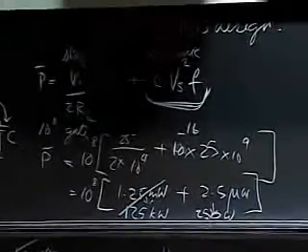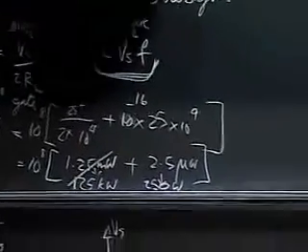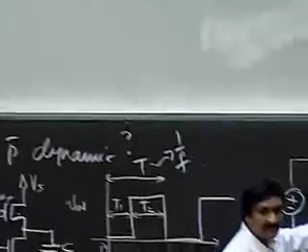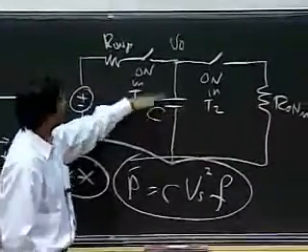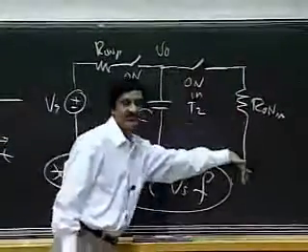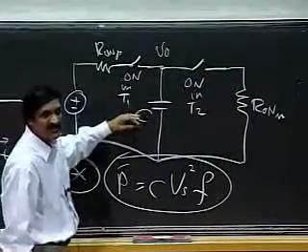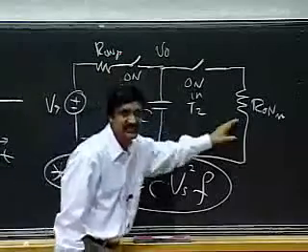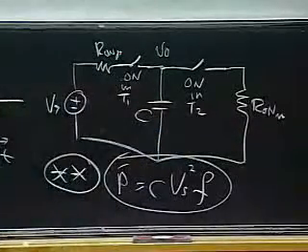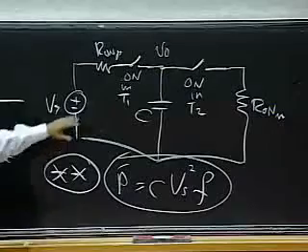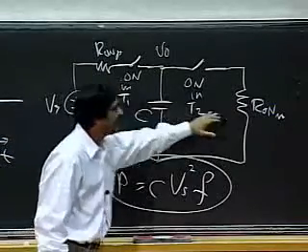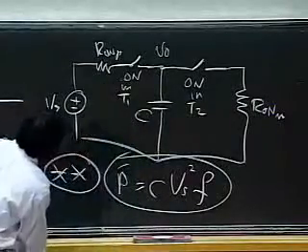And how did this come about? The intuition here is that I'm charging up the capacitor fully, and then I'm discharging the capacitor through this other side. I'm dissipating power in these two resistances during charge up and during the discharge. Half the power gets consumed during charge up and half during the discharge.